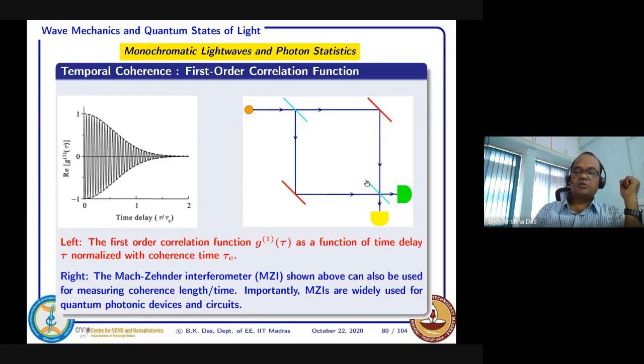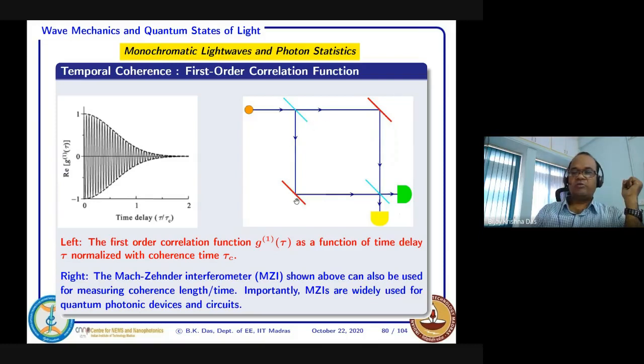Okay. So we also discussed that if there is only one photon coming in through this beam splitter, as long as you don't measure, you have to consider that the photon is present in both the paths simultaneously.